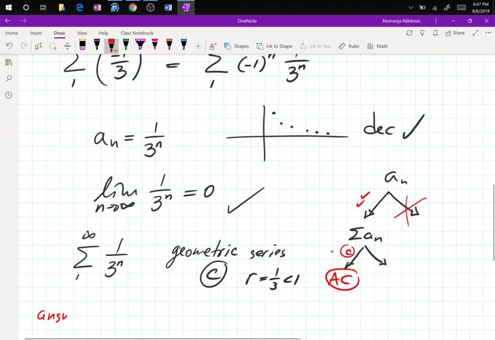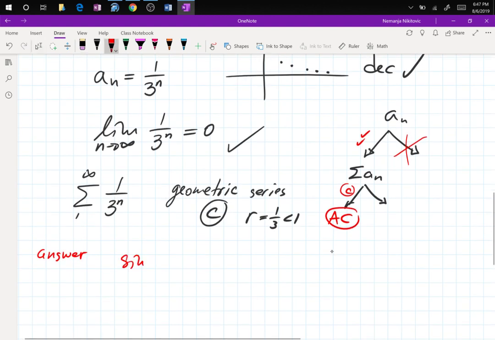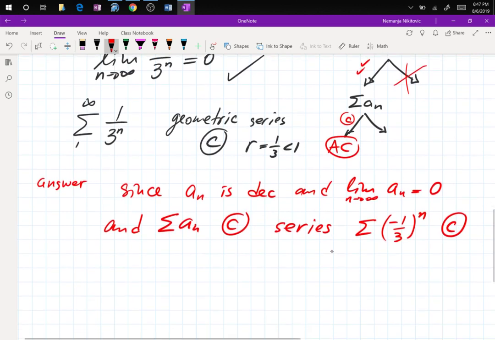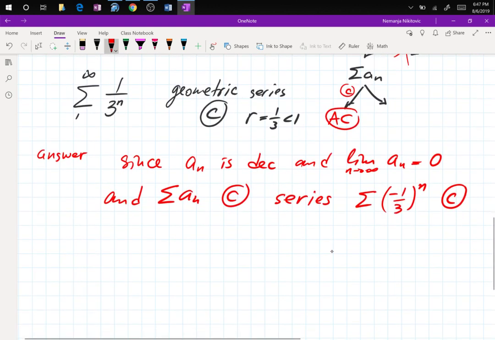So answer: since a_n is decreasing and the limit as n goes to infinity of a_n equals 0, and the summation of a_n converges, the series summation of (-1/3)^n absolutely converges, or converges absolutely.